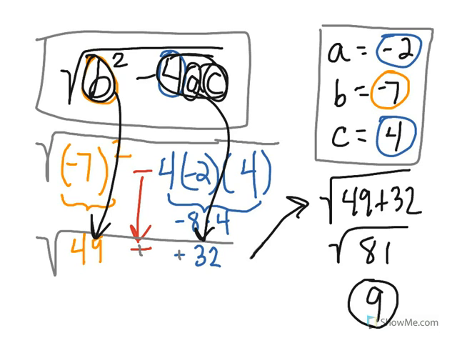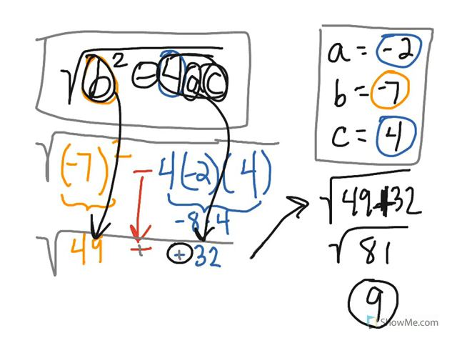And then I take care of these little signs, this negative, and the negative that ended up on my number. Those end up becoming a positive over here, and so I end up adding those numbers together. And I end up with a nice perfect number, but that's not the way it always is. If this was the square root of 83, well then it wouldn't be a number that I know, and so I would just leave it alone. Or I could type it in my calculator and get a decimal.